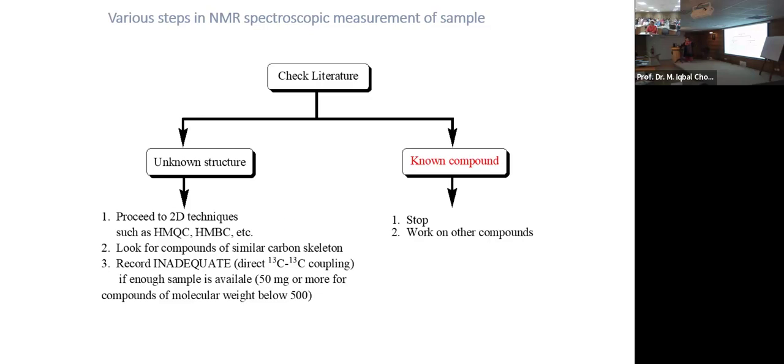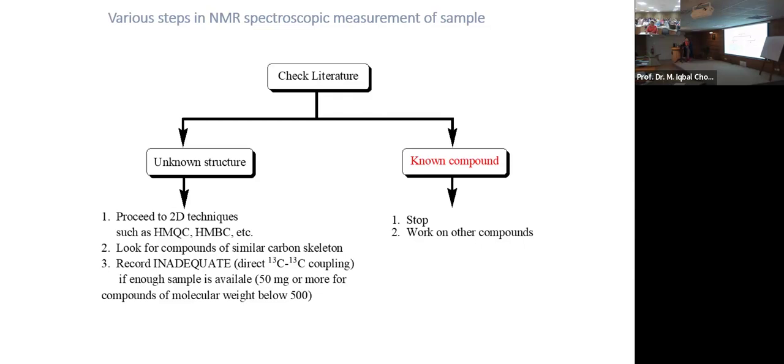You have the limitation of 0.5 ml. How much can you dissolve in 0.5 ml? You cannot dissolve 1 gram in 0.5 ml of the solvent. The solubility also has a limit. How much compound can you dissolve into it?